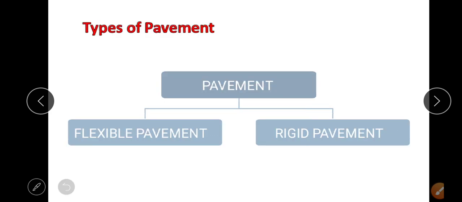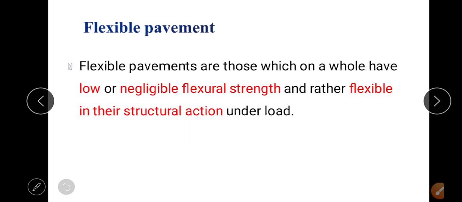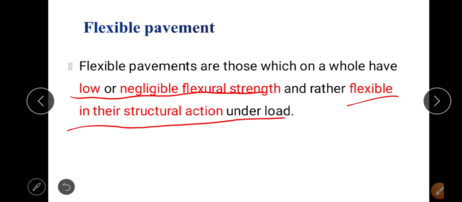Types of pavement, as I already mentioned: flexible pavement and rigid pavement. What is flexible pavement? These are those which on the whole have low or negligible flexural strength, rather flexible in their structural action under the load.